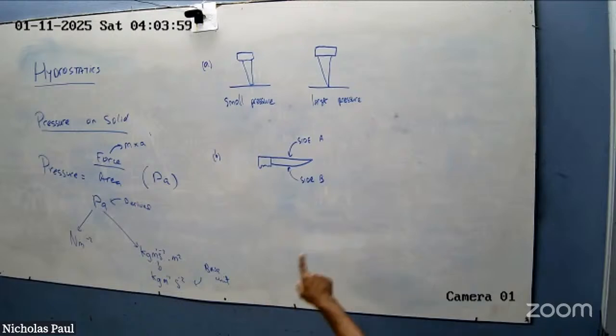And then I just want you to write which side has the larger pressure and why. Side A or side B has the larger pressure and why.